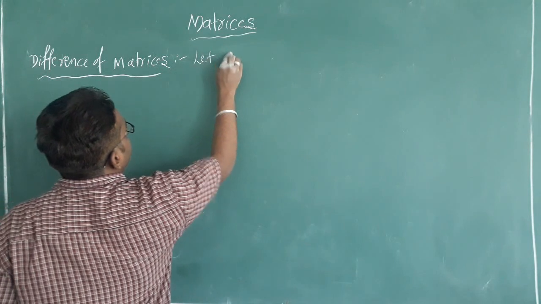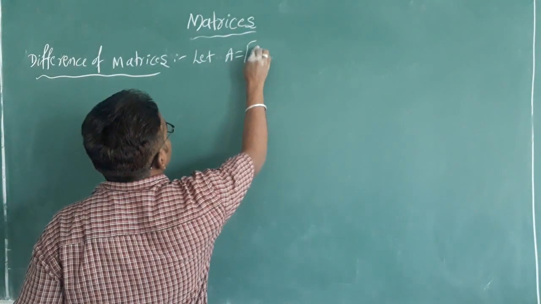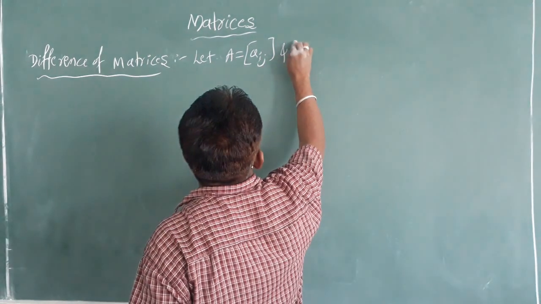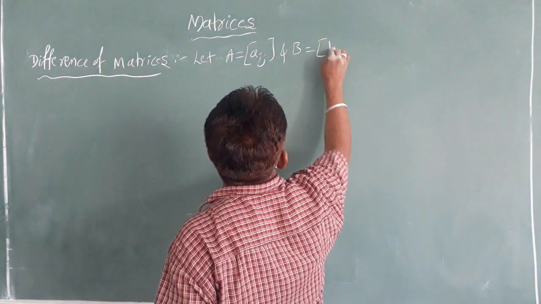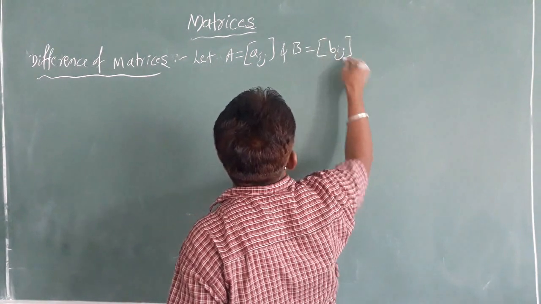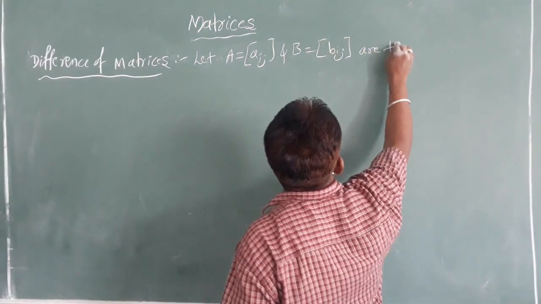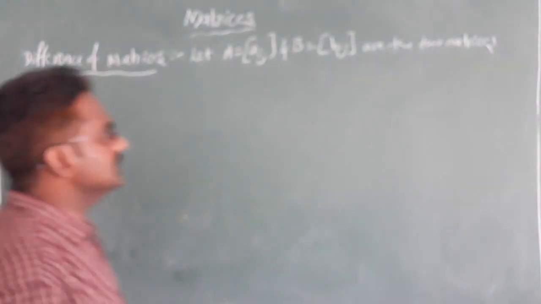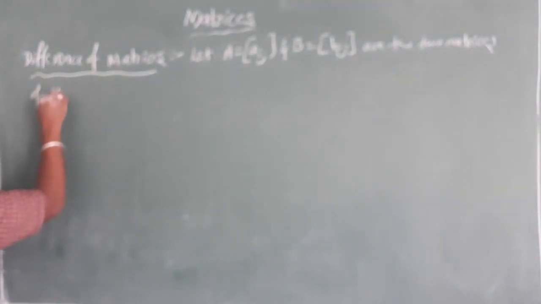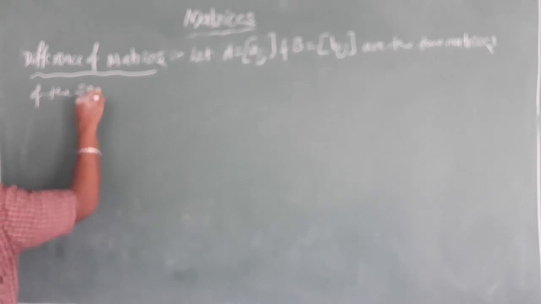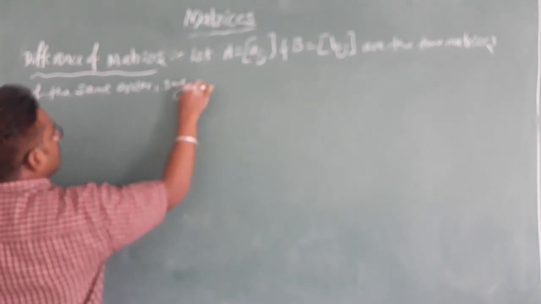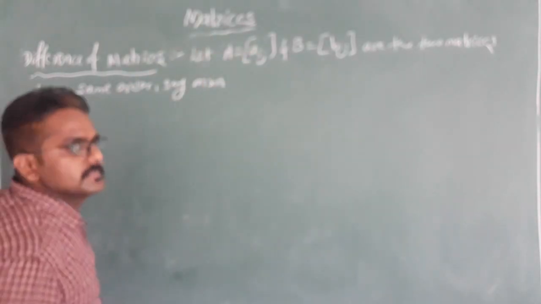Let A equals Aij and B equals Bij be two matrices of the same order, say m by n.